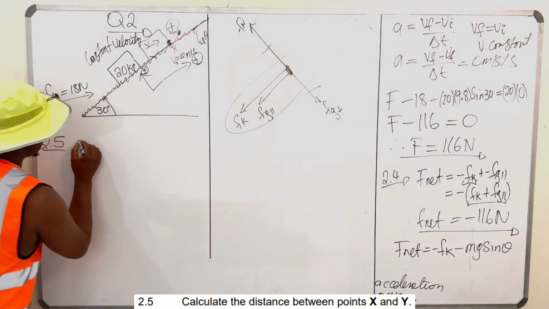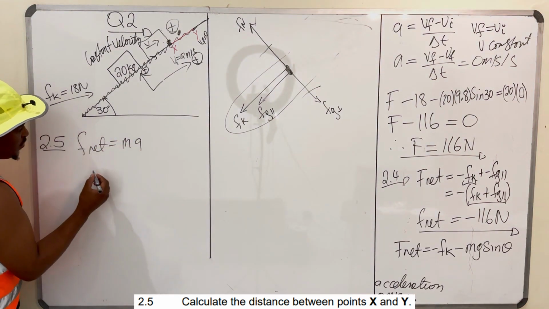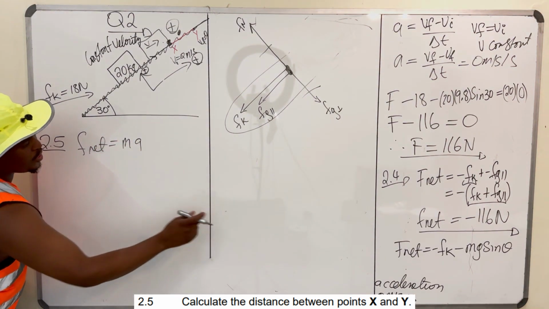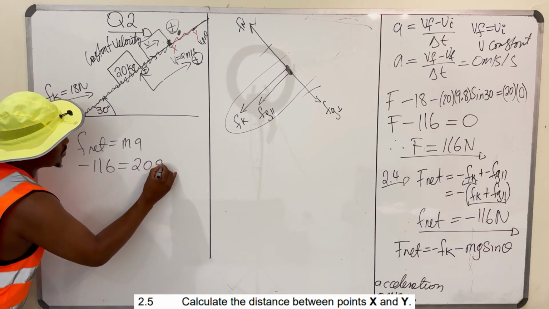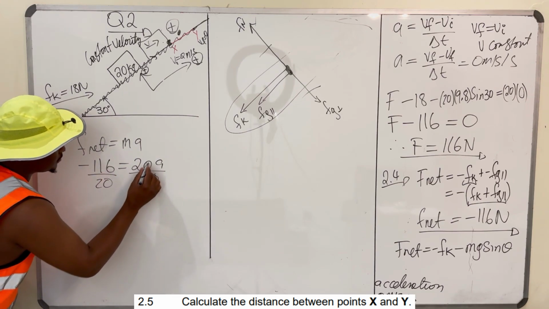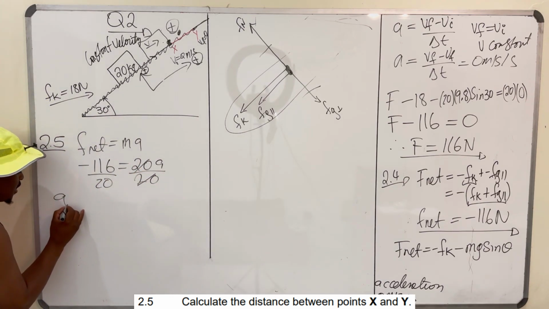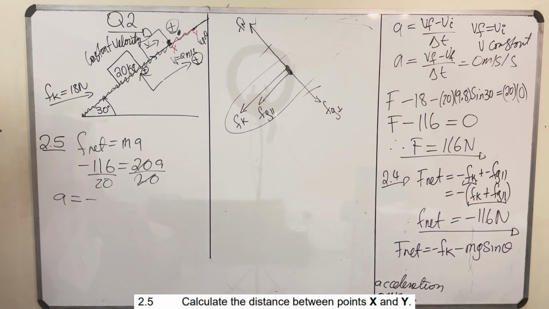So you can say that F net is equal to ma. We know what F net is. Our new F net is minus 116 equal to 20 times the acceleration. Divided by 20, divided by 20. What is the acceleration? The acceleration is equal to minus 116 divided by 20.